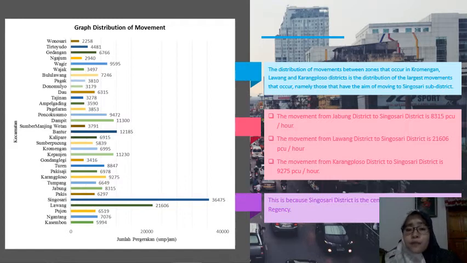The movement from Lawang district to Singosari district is 21,606 PCU per hour. The movement from Karangploso district to Singosari district is 9,275 PCU per hour. This is because Singosari district is the center of industry in Malang Regency.